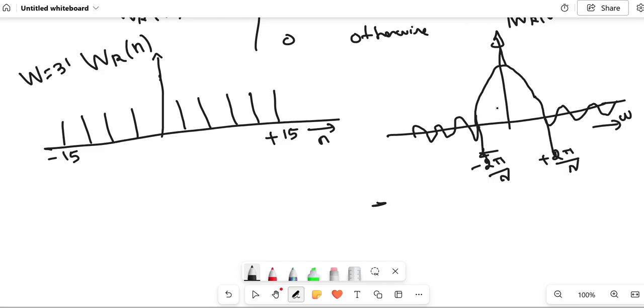One is the width of the main lobe; this is called the main lobe, and these are called side lobes.